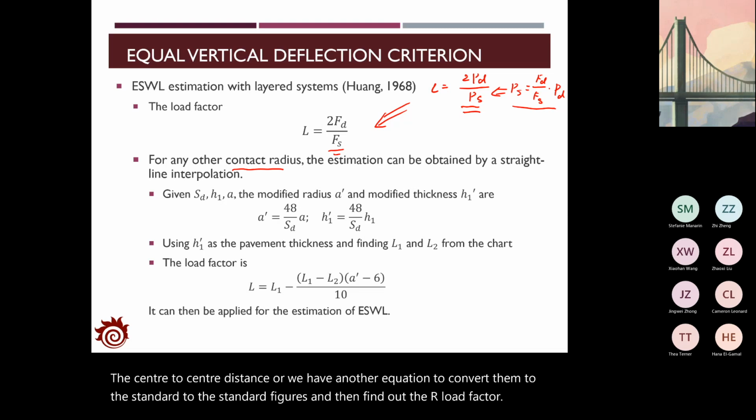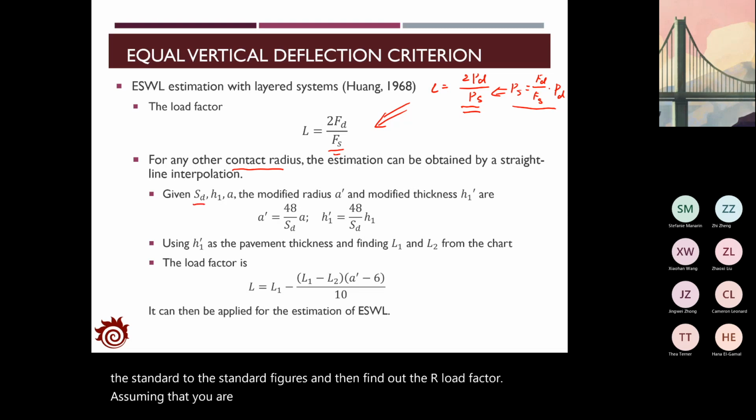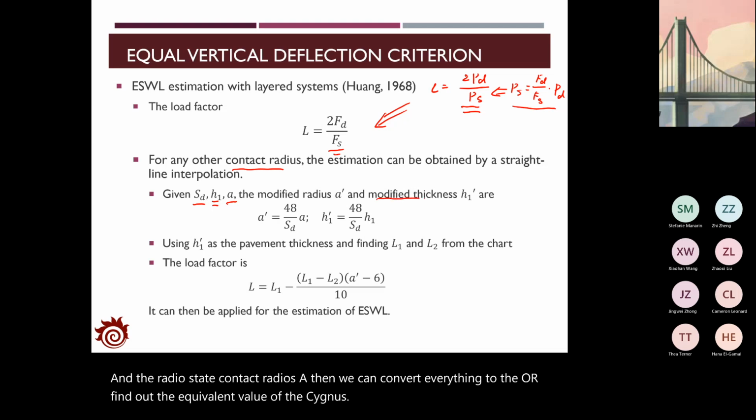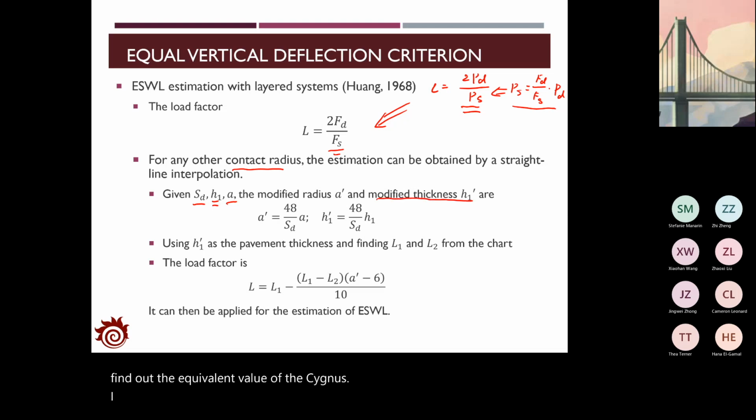Assuming that we are provided with the center to center spacing SD, the thickness H, and the contact radius A, we can convert everything to the standard value, finding the modified thickness H1 prime and the modified radius A prime at SD equal to 48 inches.